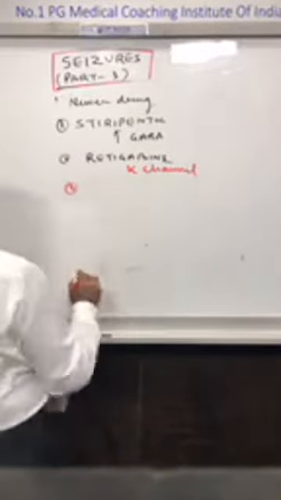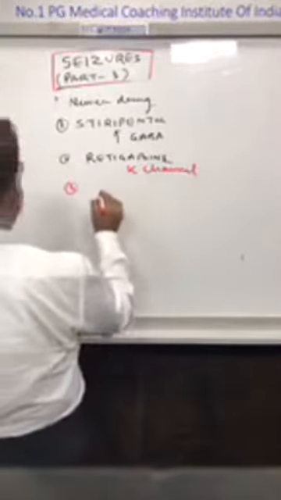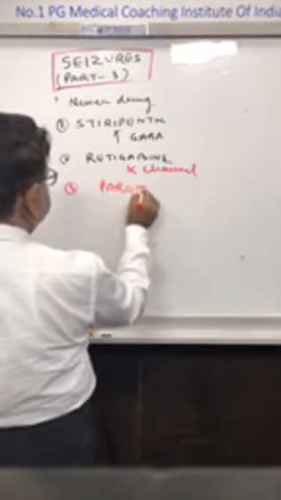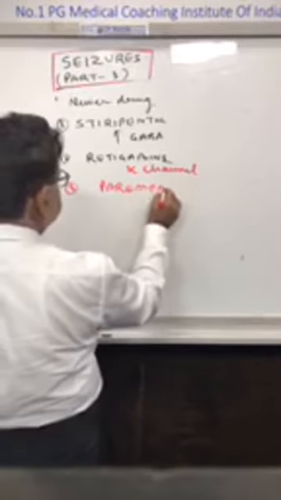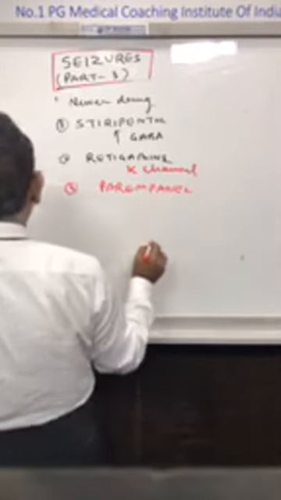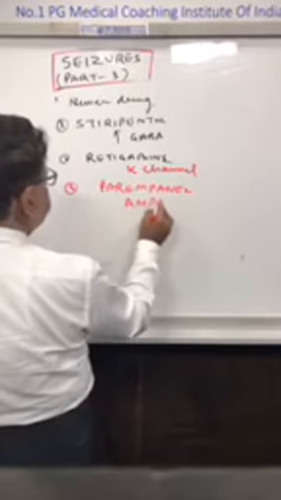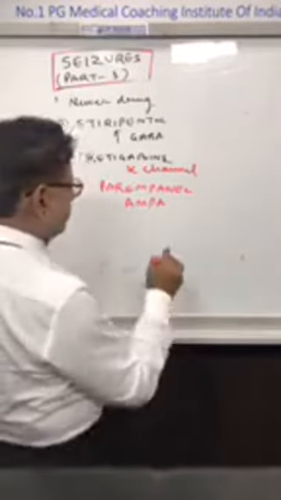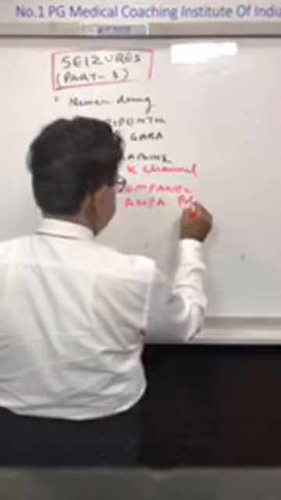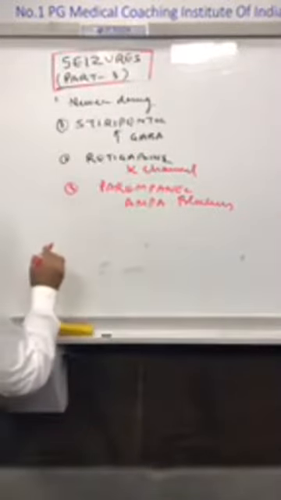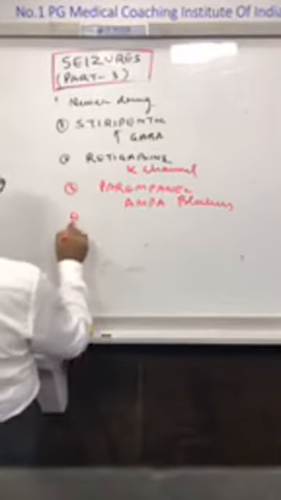Third, we have perampanel. It is an AMPA receptor blocker. Then we have rufinamide.